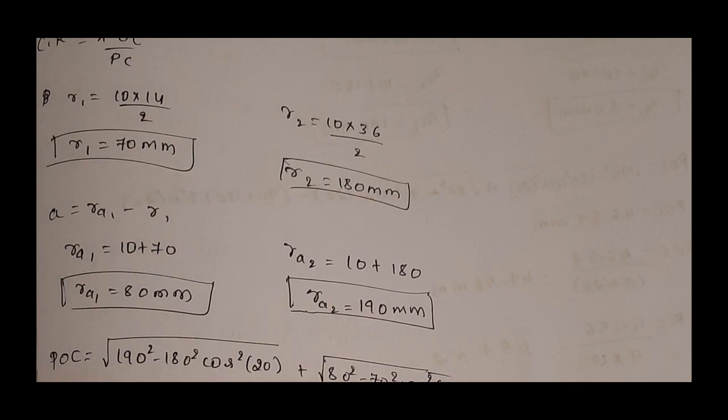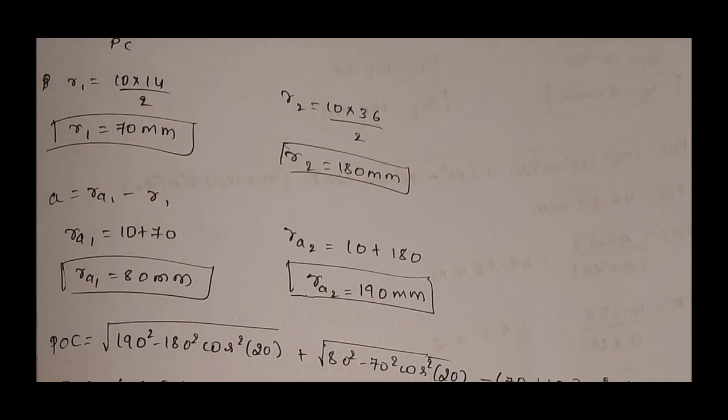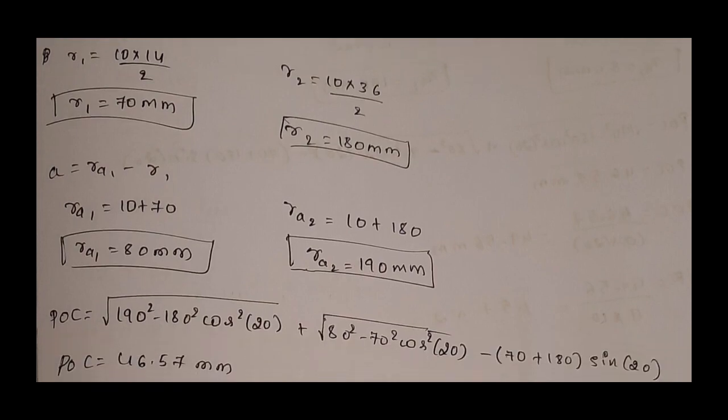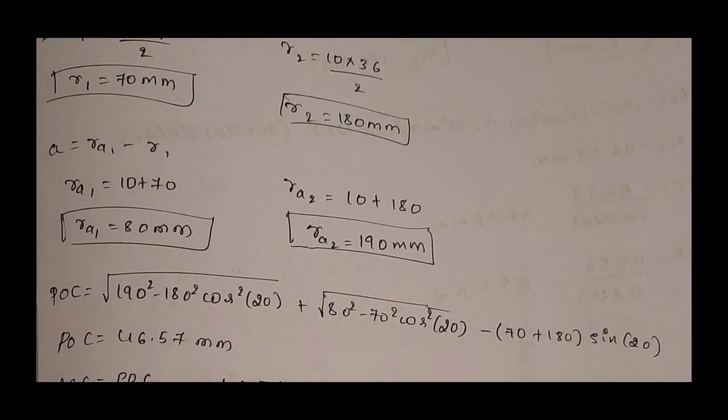RA1 is equal to 10 plus 70. You will get RA1 is equal to 80 millimeter. Similarly, for the gear 2 addendum radius, RA2 is equal to a plus R2, that is RA2 is equal to 10 plus 180. That is RA2 is equal to 190 millimeter.